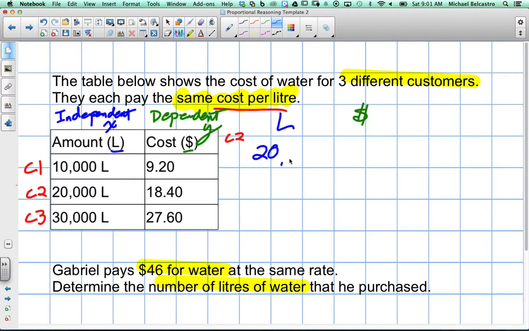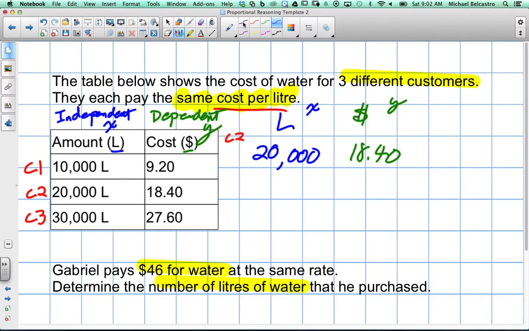Customer 2 had 20,000 liters of water, and they paid $18.40. Because it's cost per liter, we're going to build a relationship where our y is our money and our x variable is our liters.